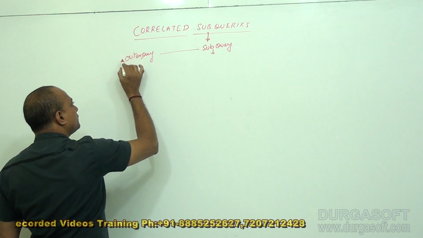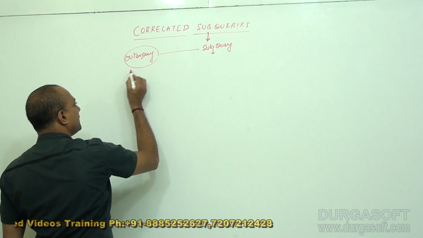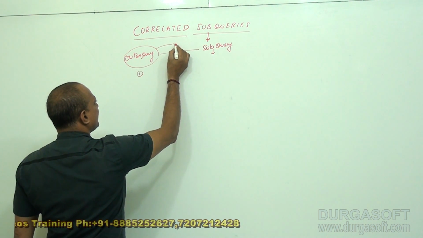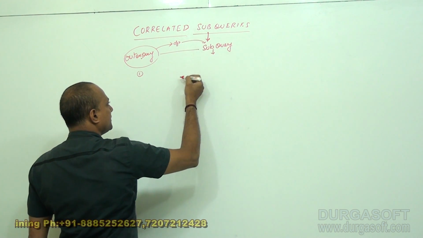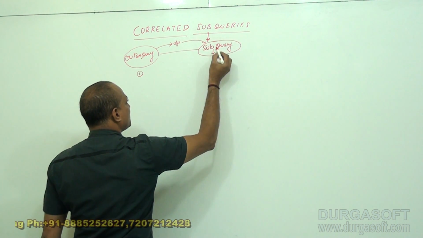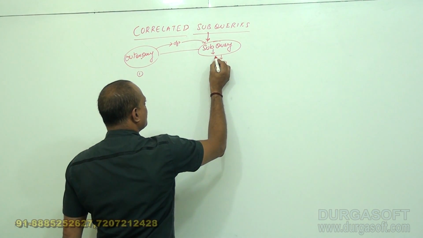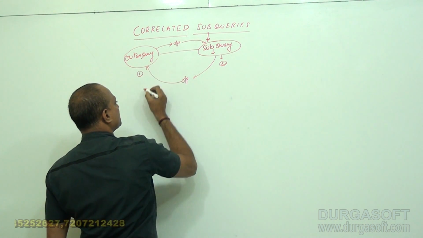So first the outer query has to be executed. What is the first executed query? The outer query. The first time it is executing, it generates some output. That is passed to the subquery. Now the subquery is executing; this is the second step. From the subquery you get some output, which is passed to the outer query.